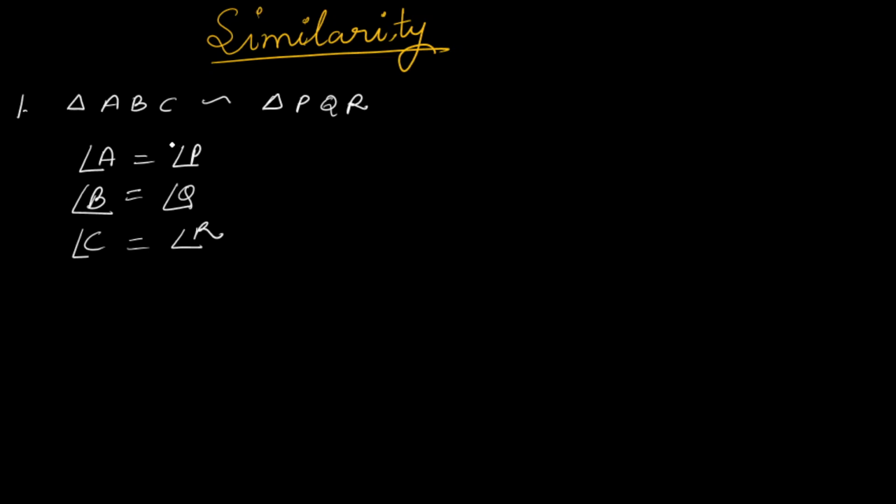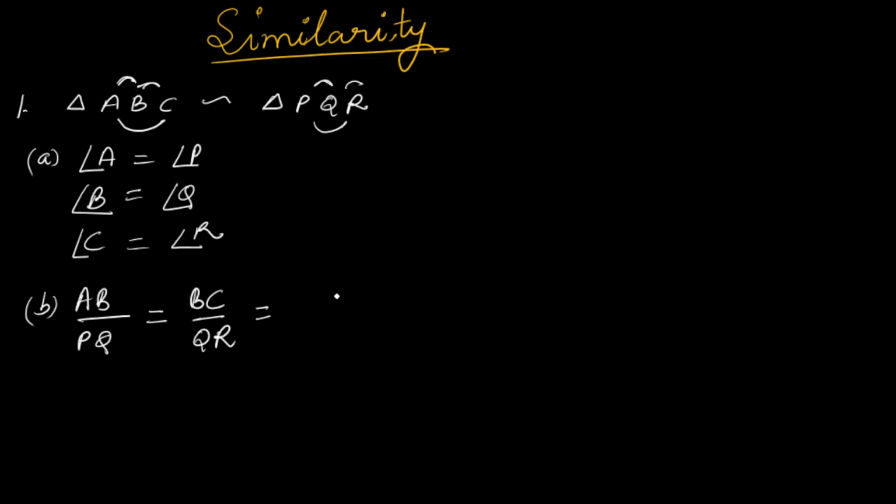If two triangles are similar, their corresponding angles will be equal, and this is the first thing. The second is that the ratio of the corresponding sides will be equal. AB's corresponding side is PQ, so AB by PQ, ratio means fraction, equals BC by QR, equals AC by PR.